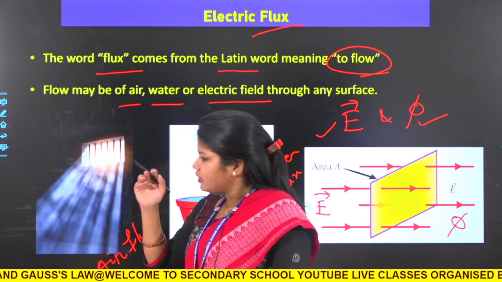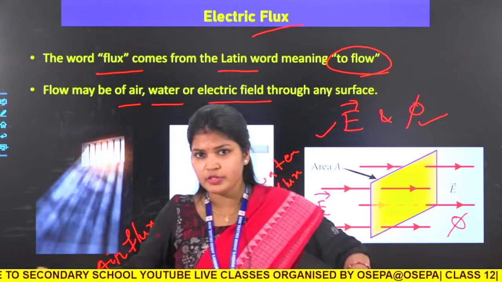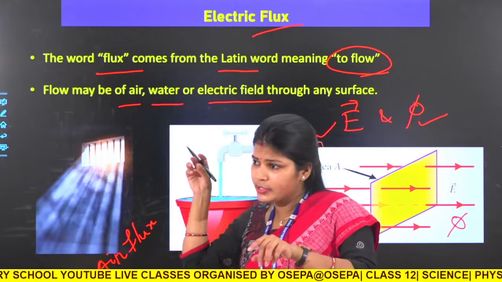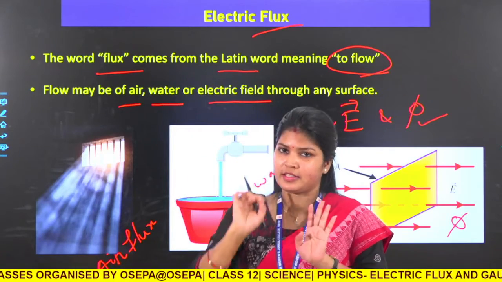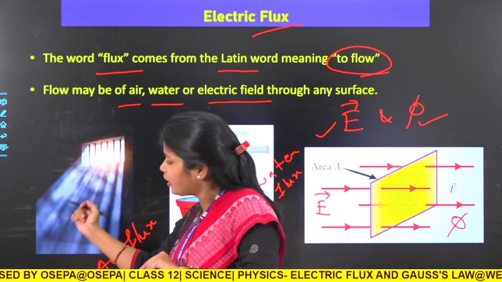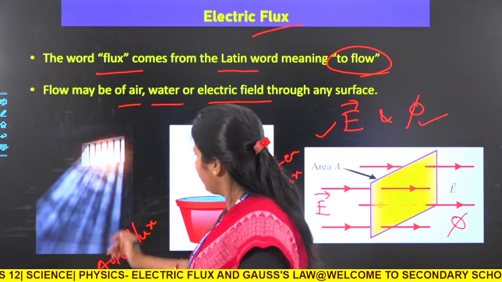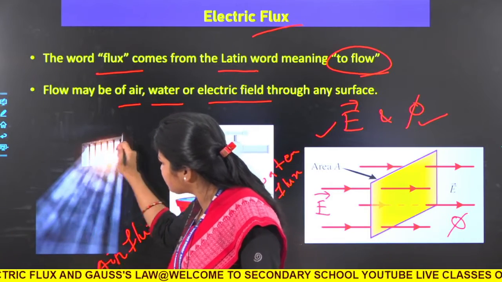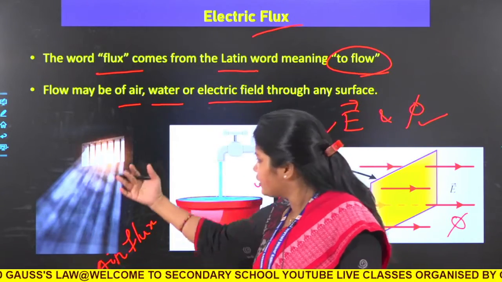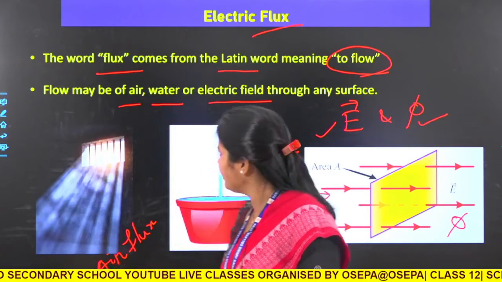Other case, suppose the window size is large and the intensity or velocity of air is small, then also the air flux will be more. So air flux depends on both the size of the window and the intensity of air.